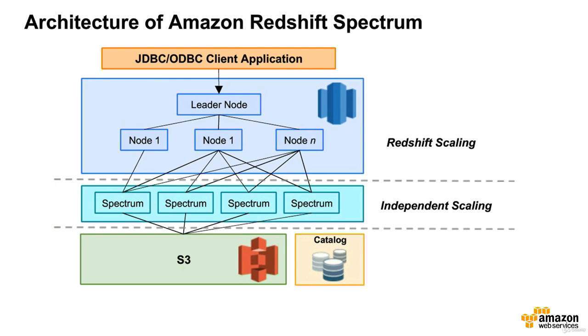The other nodes go to independent scaling of the Spectrum layer. They perform certain tasks, and the result is reflected to S3, and from S3 it is fetched back and done, where we use Redshift scaling and independent scaling. We could skip the independent scaling stage or perform Redshift scaling directly. We can scale up our data.